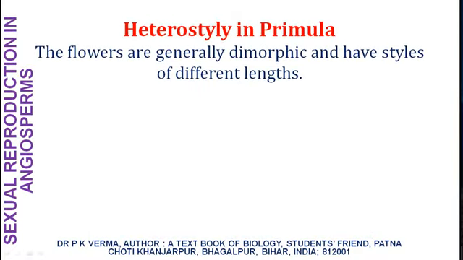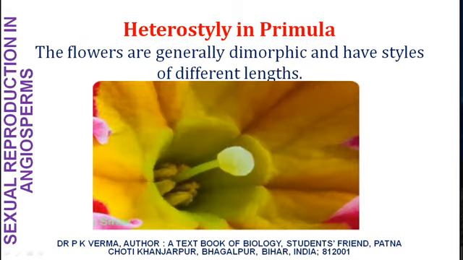Now, there are many flowers in which either the style is very long so that the stigma swings in air. In another case, the filament may be very long and the anthers come out of the flower. So there is a physical distance between androecium and gynoecium. In this photograph, a flower of primula is seen.